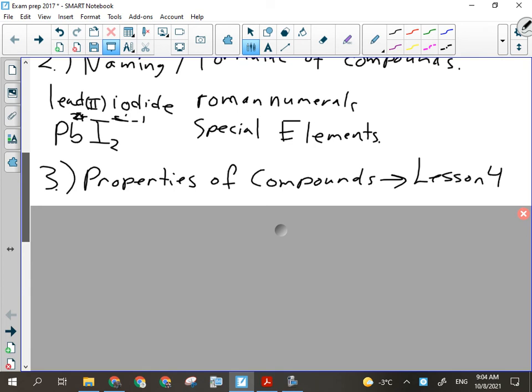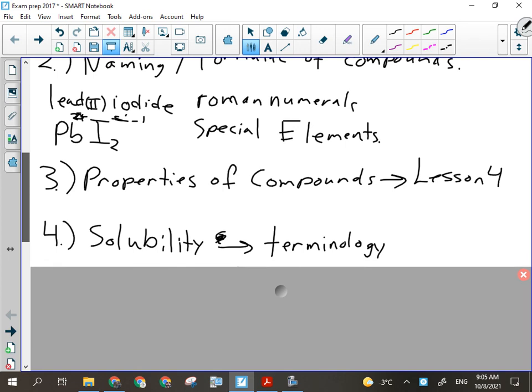There could also be some stuff in the written response that might ask you about properties and solubility. All right, solubility. You need to know your terms for a couple of reasons. I will use the same terminology on the test.